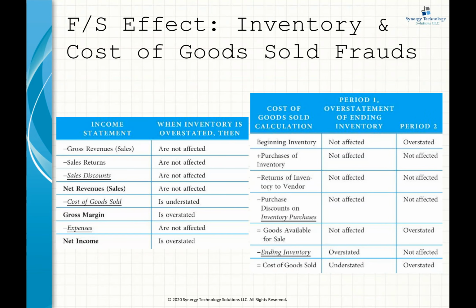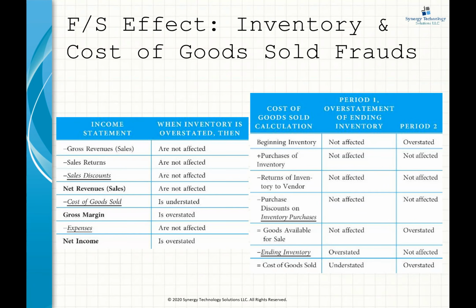So if the inventory is overstated, then it has no effect on the gross revenue. It does not have an effect on the sales return or the sales discount or the net revenue. It's not impacting that. But cost of goods sold is understated. If the cost of goods sold is understated, gross margin will be overstated.